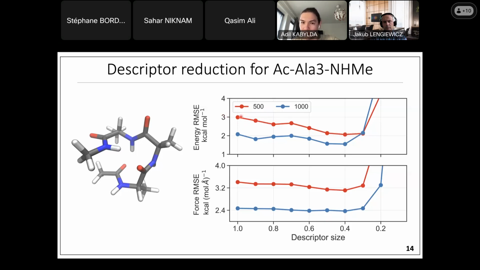So that's why the accuracy is increasing a little bit. And yeah, we can remove up to 60–70% for the tetrapeptide, which was a really cool thing.